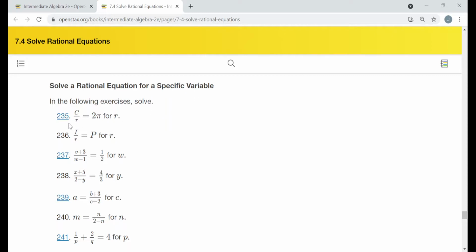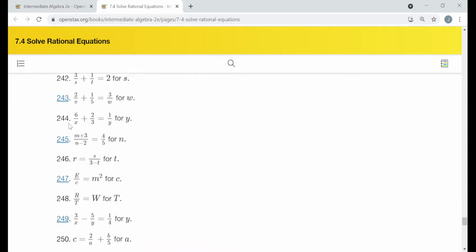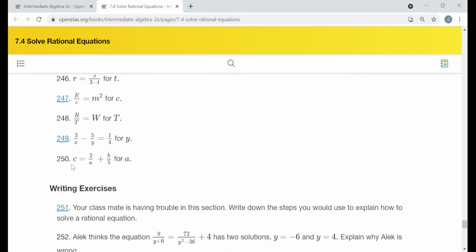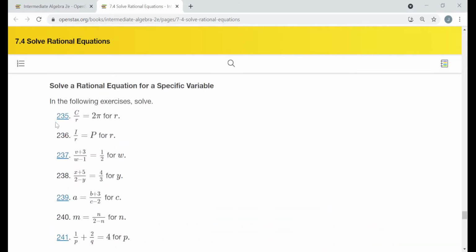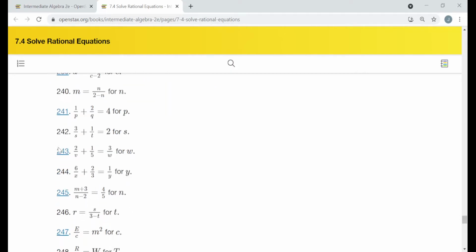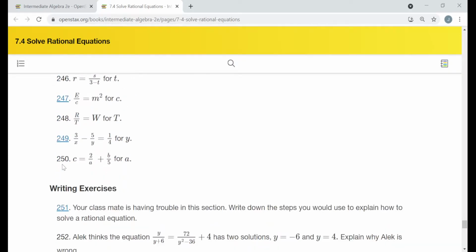These are exercises 235 to 250. That's 16 examples I'll be doing in this video. Example 1 will be exercise 235. Example 2 will be 236, and so on, all the way until example 16, which will be exercise 250.